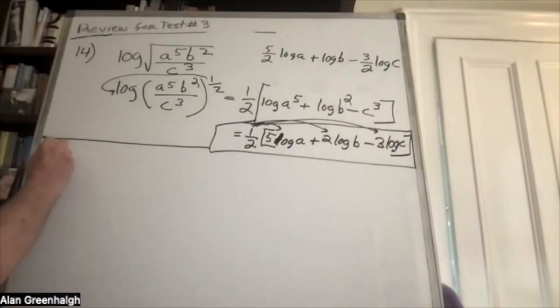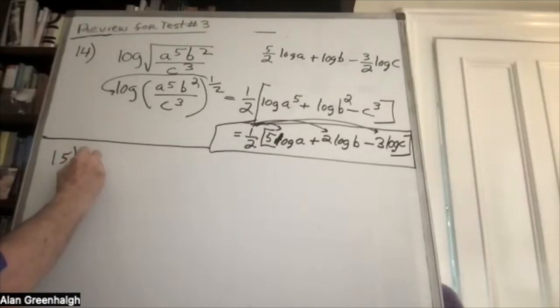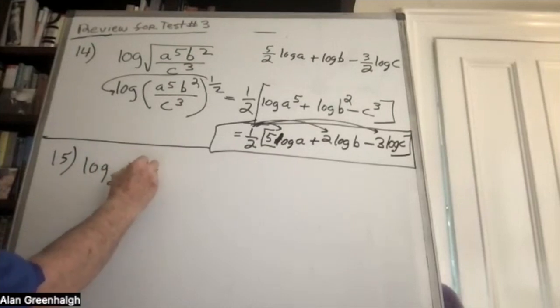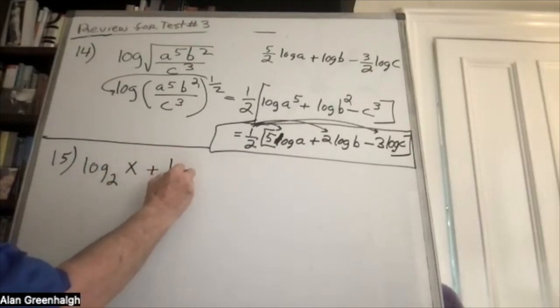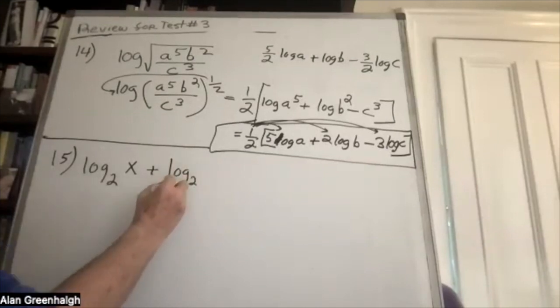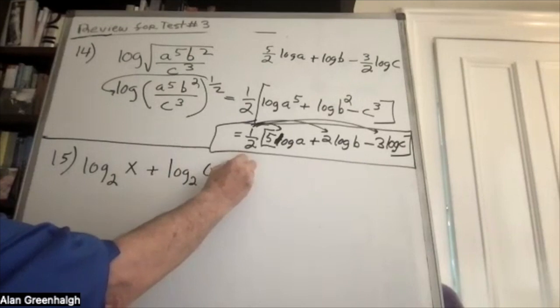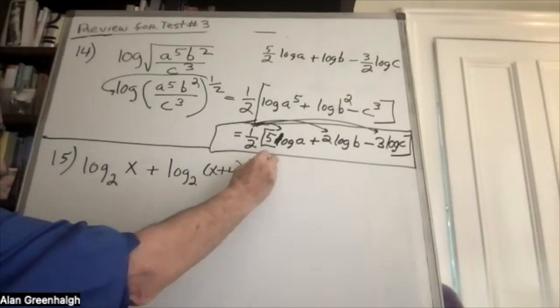Question number 15. Solve for x. Log to the base 2 of x plus log to the base 2 of x plus 4 equals 5.